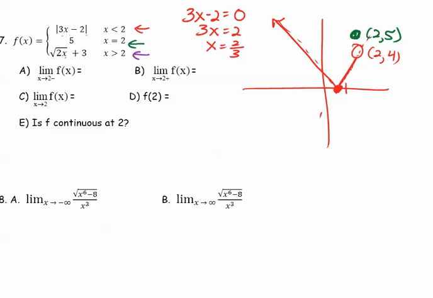So let's substitute 2 in here and we'll get square root of 4 is 2. So we have the point 2, 5. So this square root graph is going to be something like this, and it happens to pick up from the point 2, 5. So if you can graph the function clearly, you already can see that the graph is not continuous at 2. We know that this has a jump discontinuity.